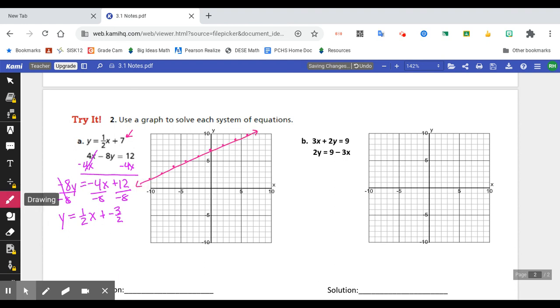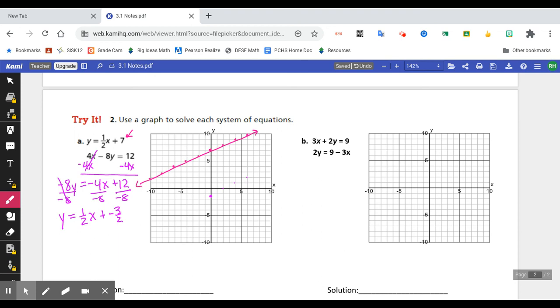Okay. Second line starts at negative 3/2, which is negative 1.5. So if I have to go down 1.5, I'm going to be right here on this line. My slope is 1/2, so up 1, right 2, up 1, right 2, up 1, right 2, up 1.